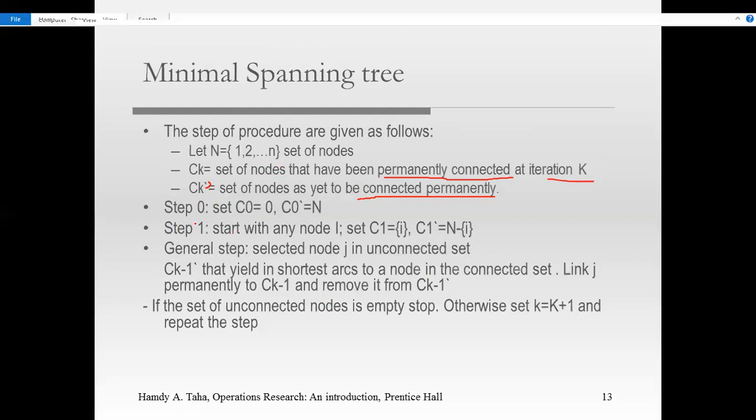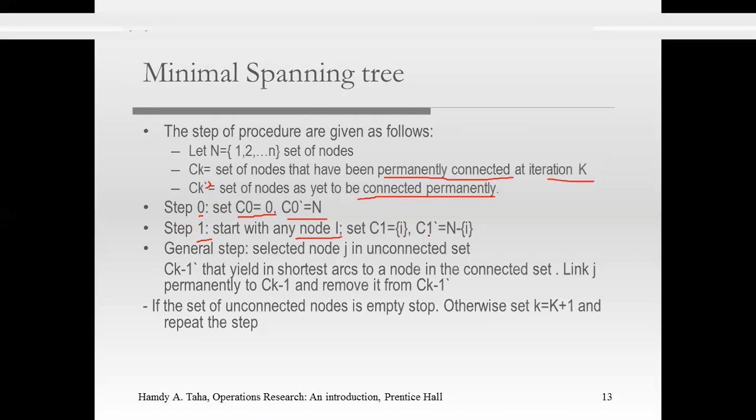So first, step 0, we set C_0 equal to empty set and then C_0 prime equal to N. And then step 1, start with any node i, and we set C_1 to i, and then C_1 prime to N minus i.